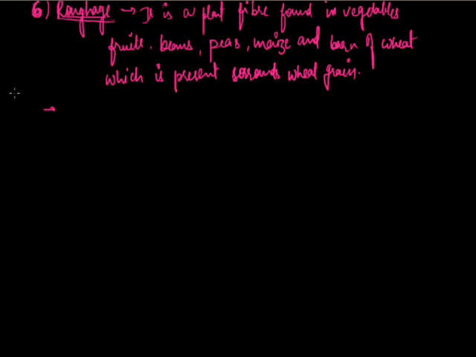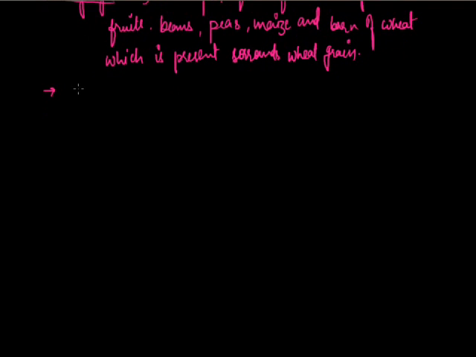And as I have told you, roughage is a plant fiber and plant fiber is made up of cellulose. So we can say roughage is made up of cellulose.